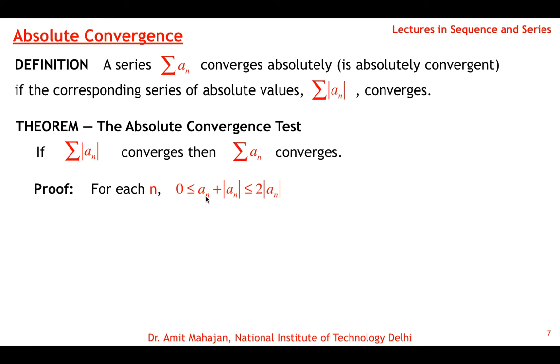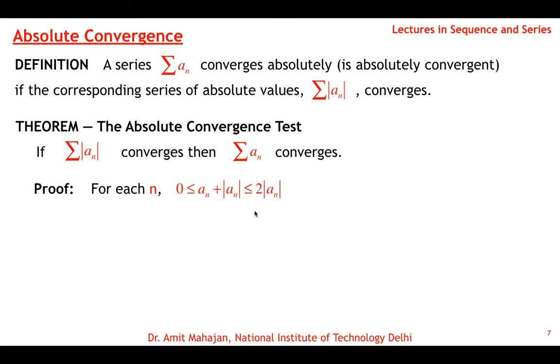And if an is negative, these two will add up to 0. So this left inequality is always true. And because any number is always less than or equal to its modulus, an is always less than or equal to its absolute value, so this sum is always less than or equal to 2 times the absolute value. So this result is always true.